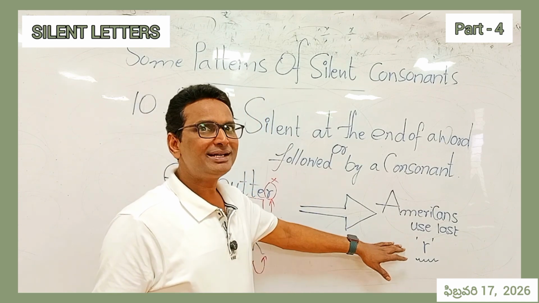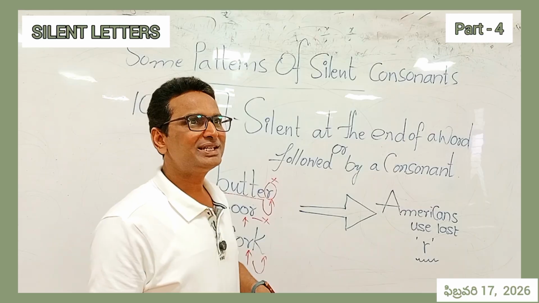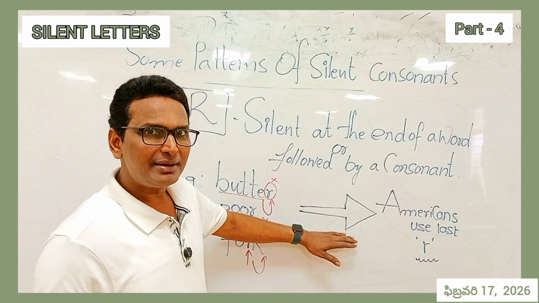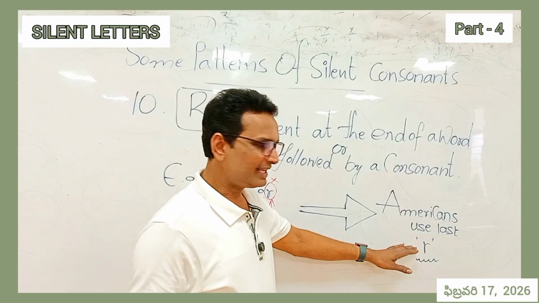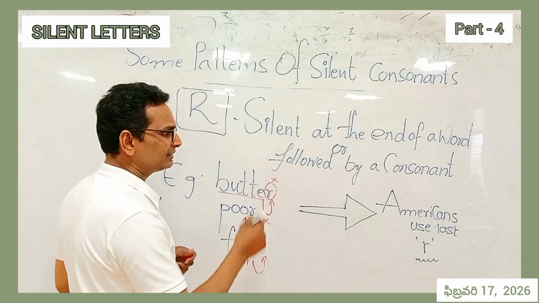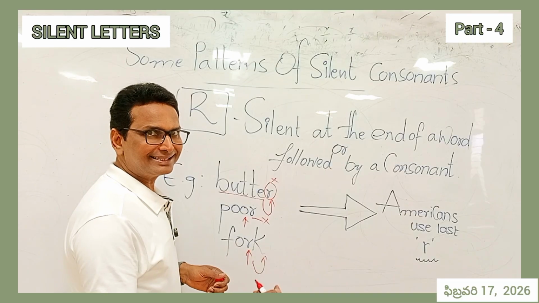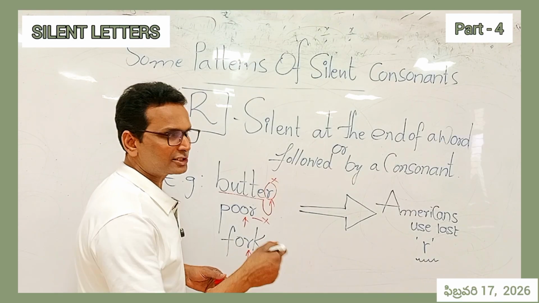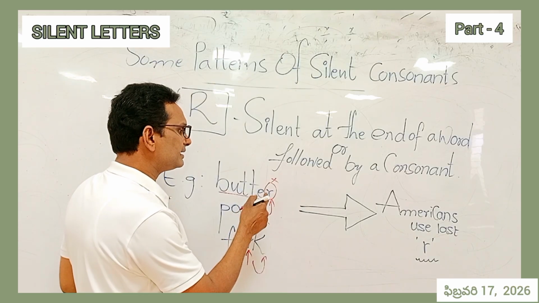There is a hint with reference to this discussion. As English is dominantly used across the world, we take two varieties prominently, British English and American English. In America, they use the last letter, that is R. That means they articulate this. Whereas in Britain or different parts of the UK, they don't do that.